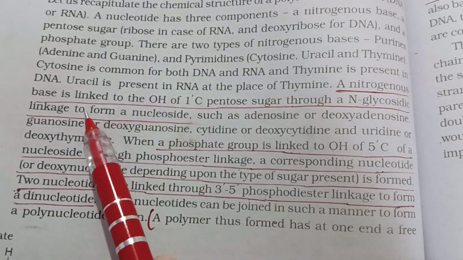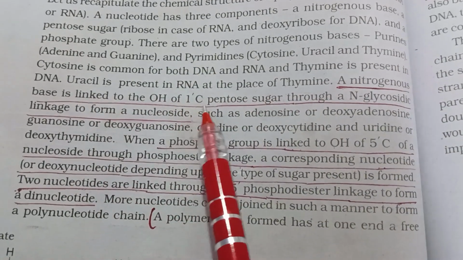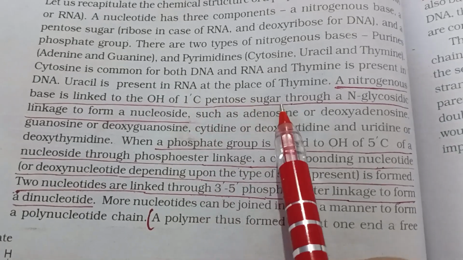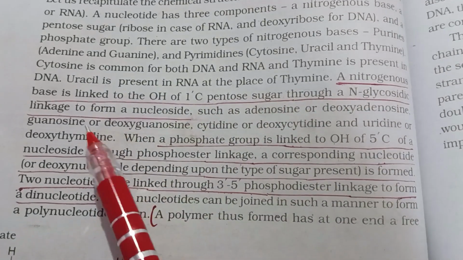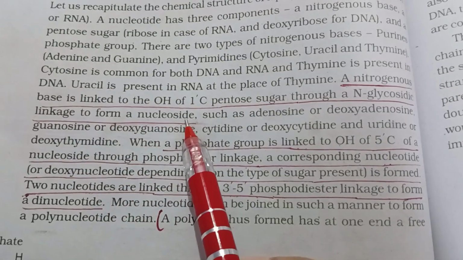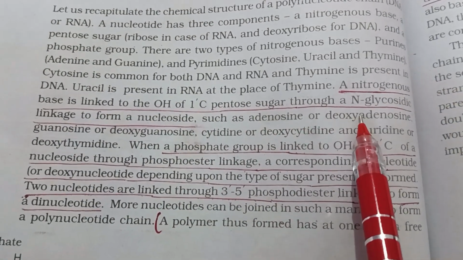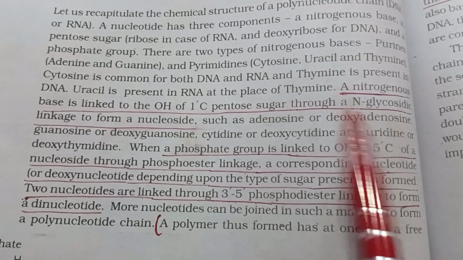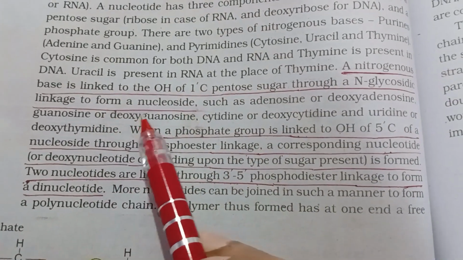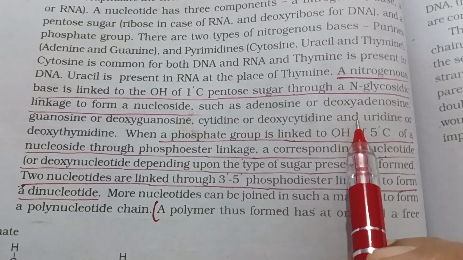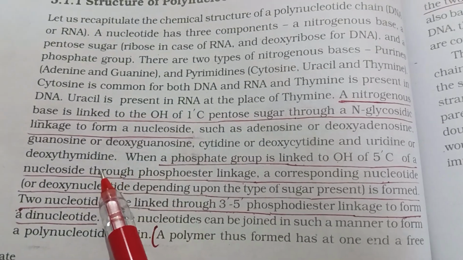A nitrogenous base is linked to the OH of 1' carbon of the pentose sugar through an N-glycosidic linkage to form a nucleoside, such as adenosine or deoxyadenosine, guanosine or deoxyguanosine, cytidine or deoxycytidine, and uridine or deoxythymidine.